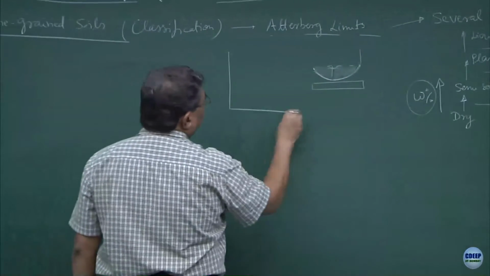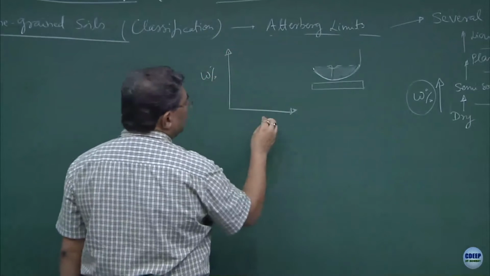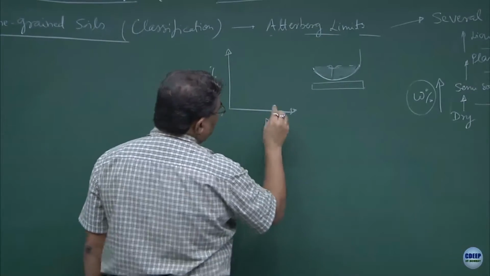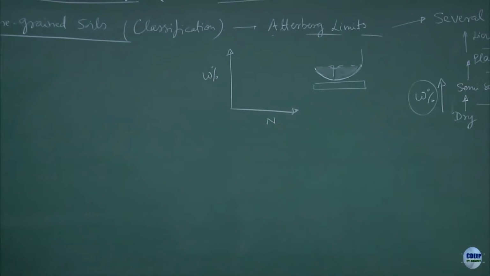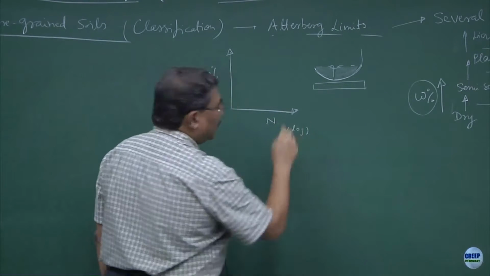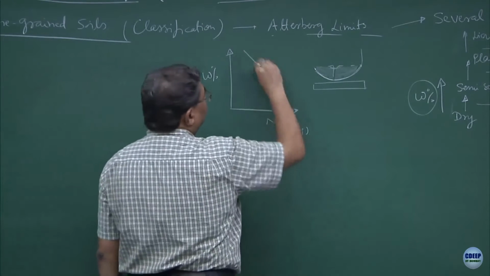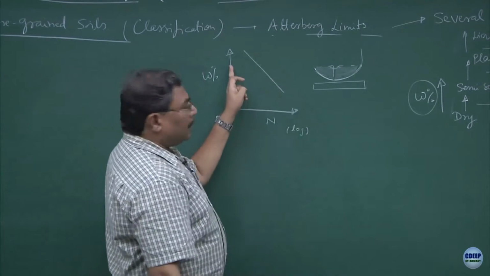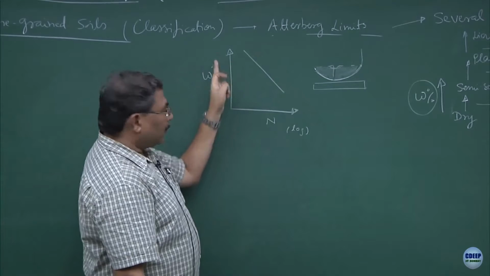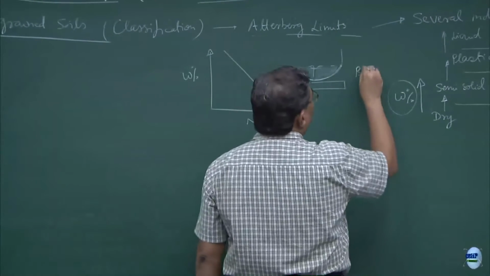We normally plot percentage moisture as a function of n. This n is also on the log scale. Remember, these are log scales, not the log of the number. The logic says that the more the moisture, the fewer the number of blows required; we call these the blows or tamps.